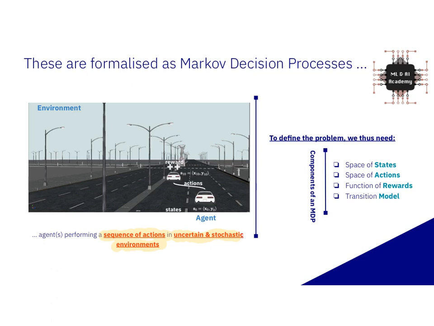So here we need a couple of things to be able to define this problem. The first thing we need is a set of states. So, for example, the car starts here and applies some sort of action so that after 10 steps it reaches there. We're going to use here in this example the x and y position of the car as the state description of that car in this environment. Actions can correspond to maybe go left, go right, or throttle, brake, and so forth.